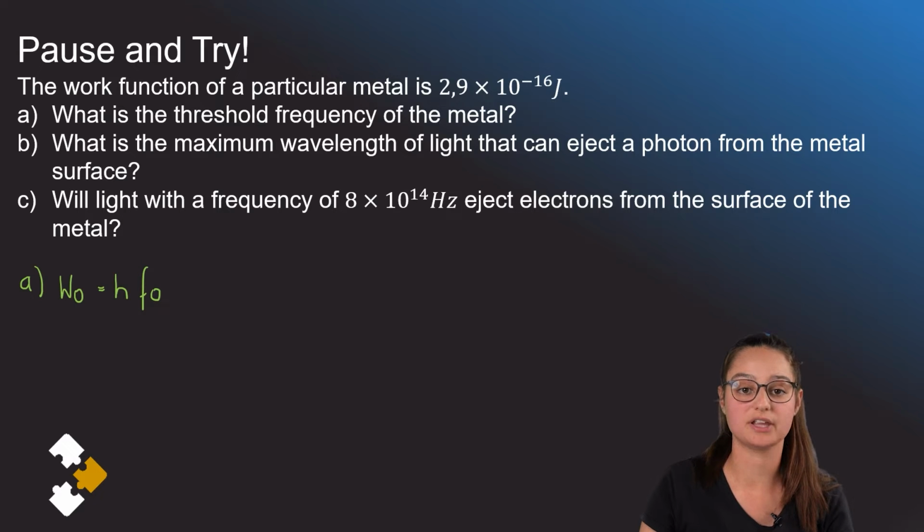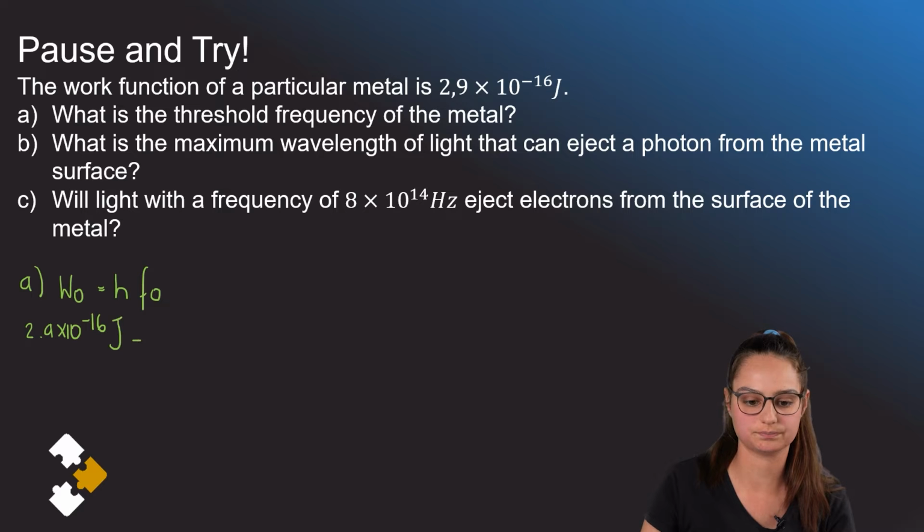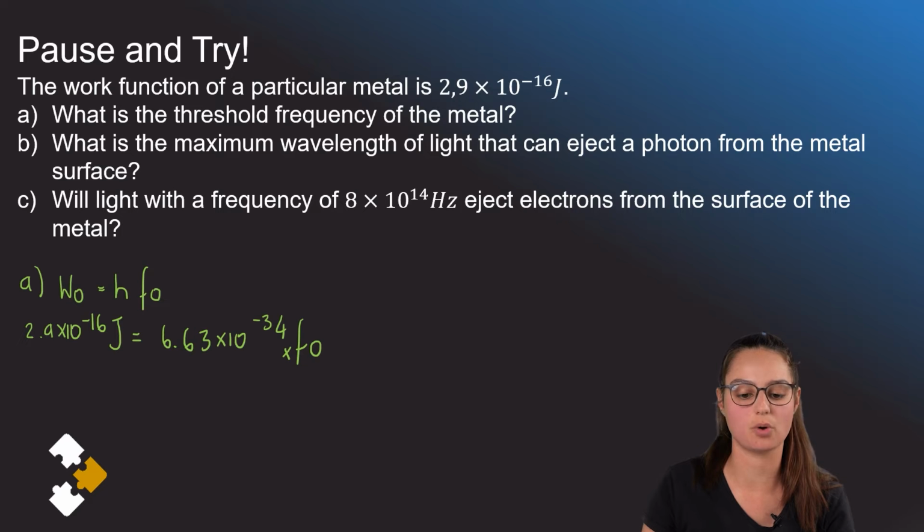We have been given the work function, and that is 2.9 times 10 to the negative 16 joules. Planck's constant you can find on your data sheet, and that is equal to 6.63 times 10 to the negative 34. And then our threshold frequency is what we're trying to work out.